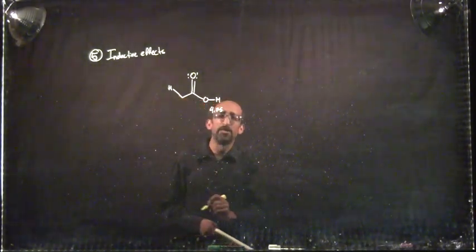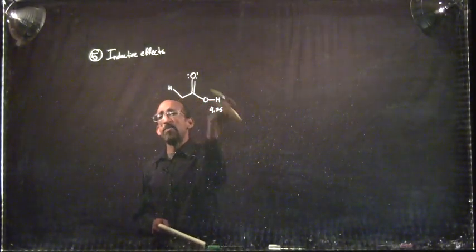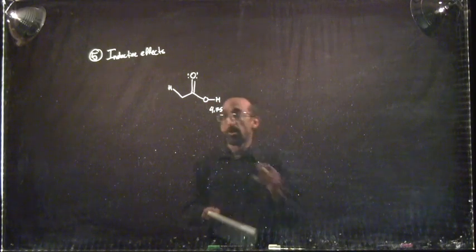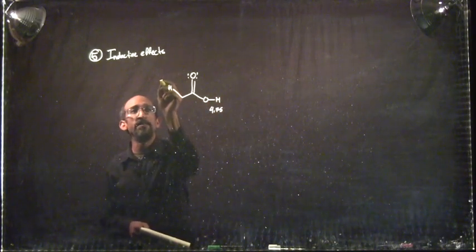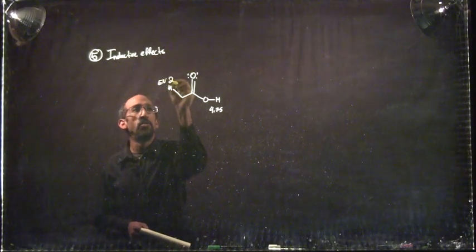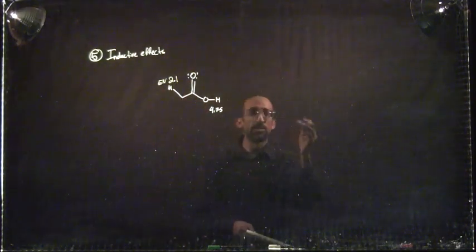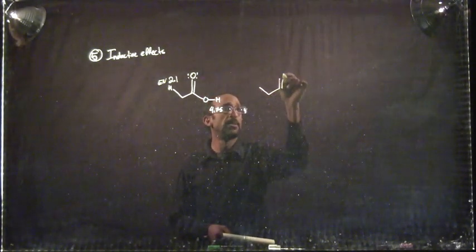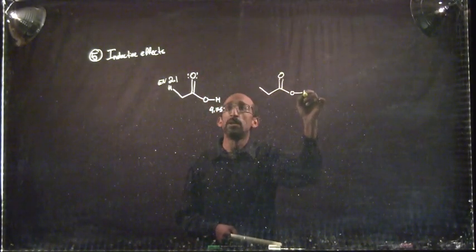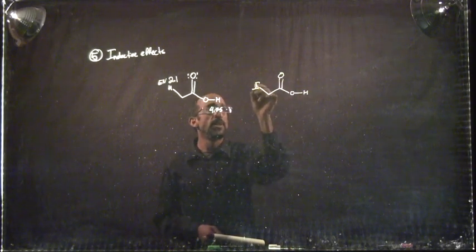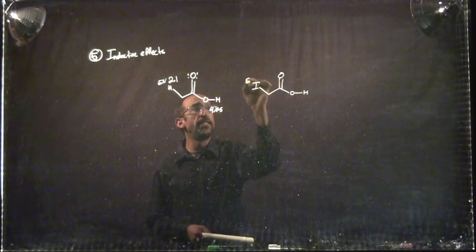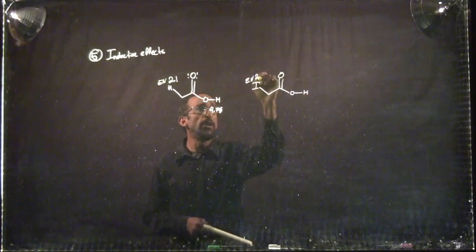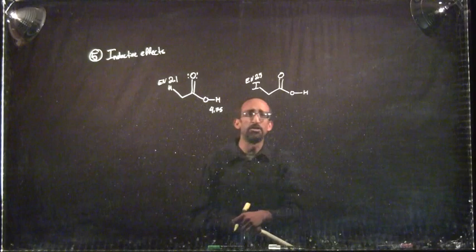If I take that hydrogen atom off the methyl group and I replace it with something a little more electronegative, so the electronegativity of hydrogen is 2.1, if I replace it with something a little bit more electronegative, let's say an iodine, iodine's electronegativity on the Pauling scale is 2.5, so a little bit more electronegative than hydrogen.